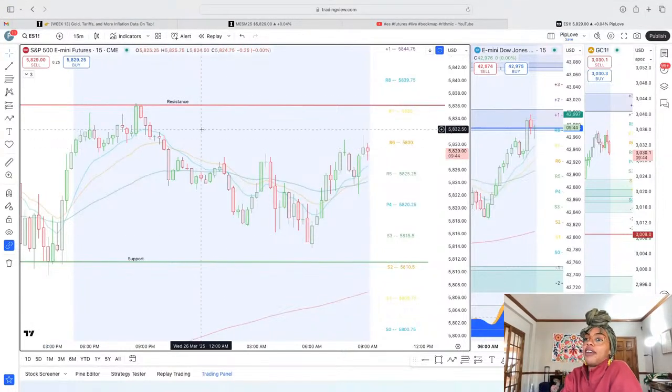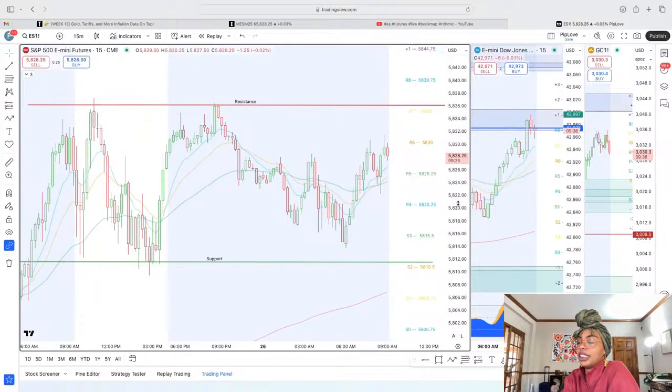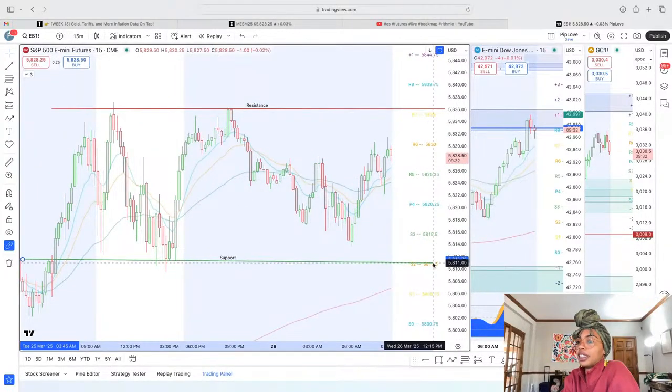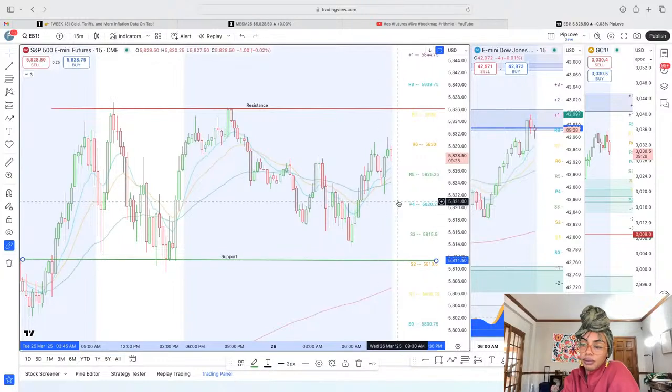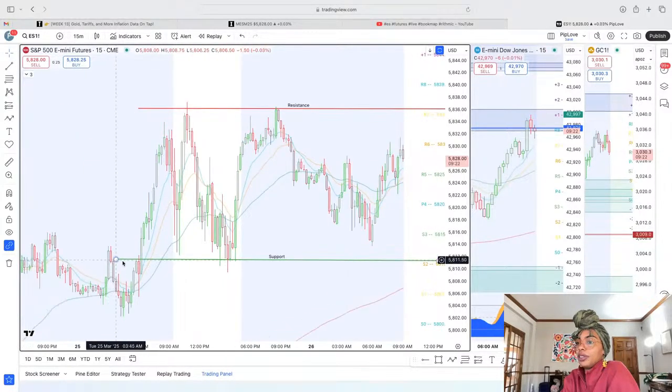Okay, so did you guys place your support and resistance on your charts? Remember, I'm trying to set you up for the week and for the rest of the day so that even though you don't have my own charts, you know exactly what to do. Okay, so we have our resistance, we have our latest level of support.